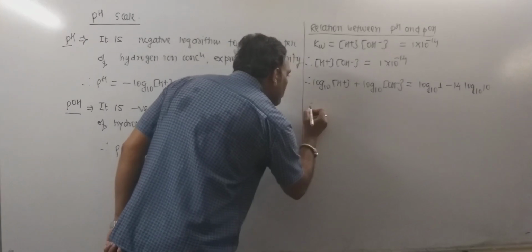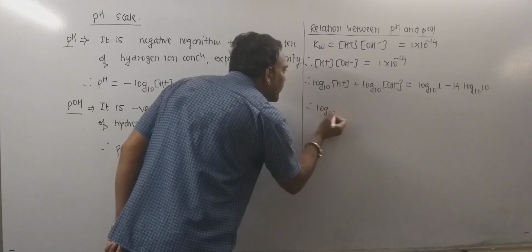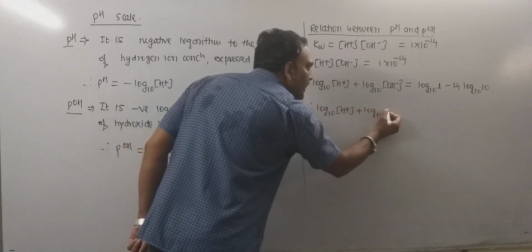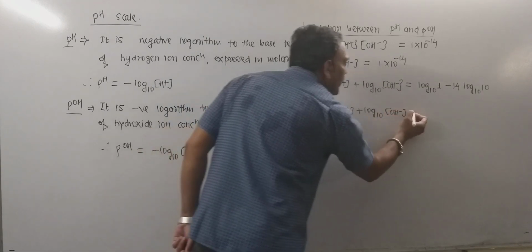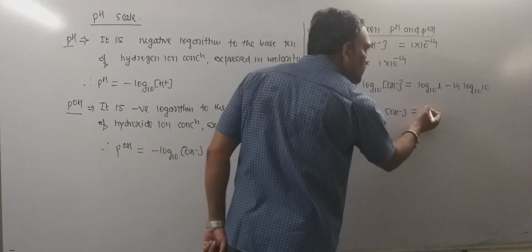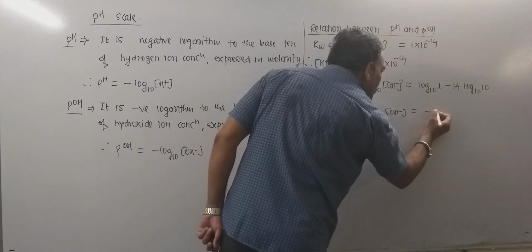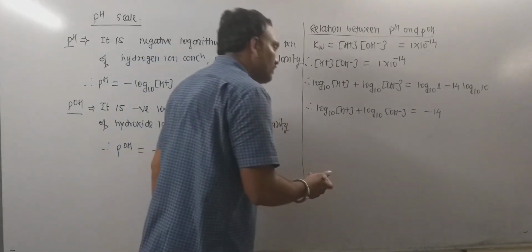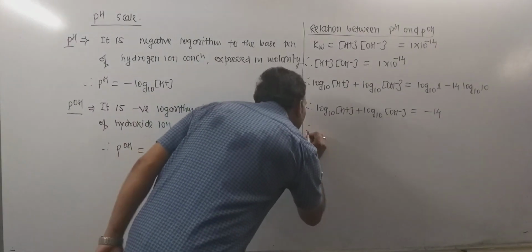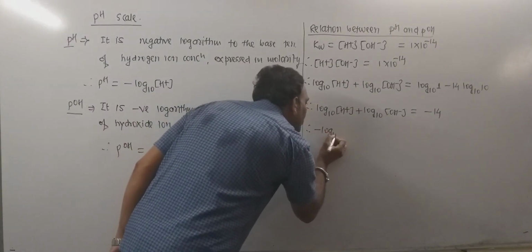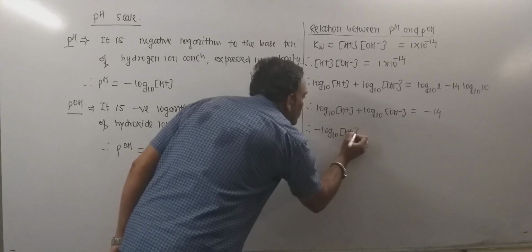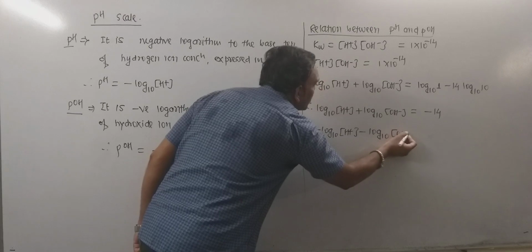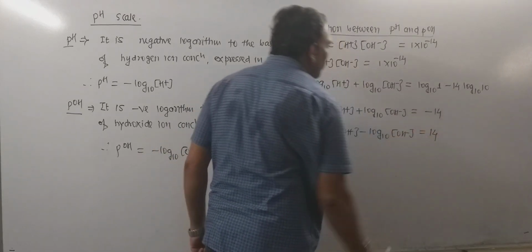Then this gives log base 10 concentration of H plus plus log base 10 concentration of OH minus is equal to 0 minus 14. Now by reversing the sign on both sides, we get negative log base 10 concentration of H plus minus log base 10 concentration of OH minus is equal to 14.